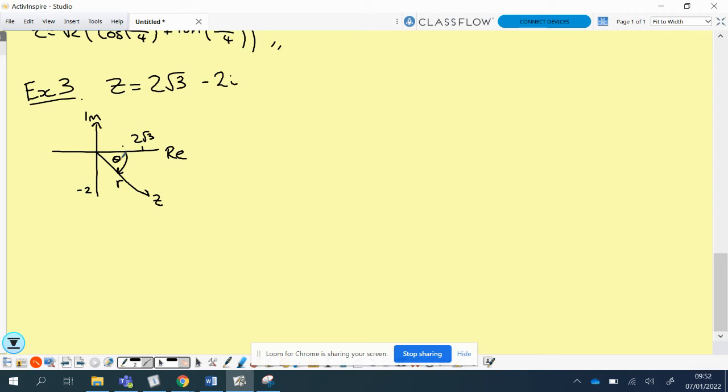So again, from a triangle, to work out r, I know that's a length of 2 there, and that's a length of 2 root 3 I went along there. So r is going to be the square root of 2 root 3 all squared plus 2 squared.